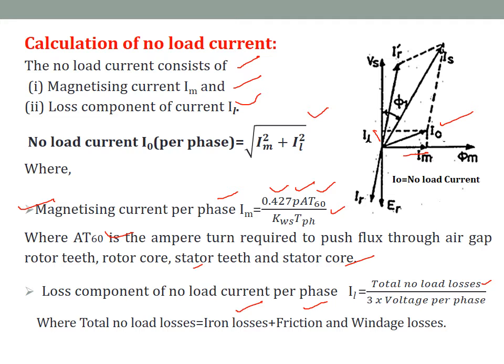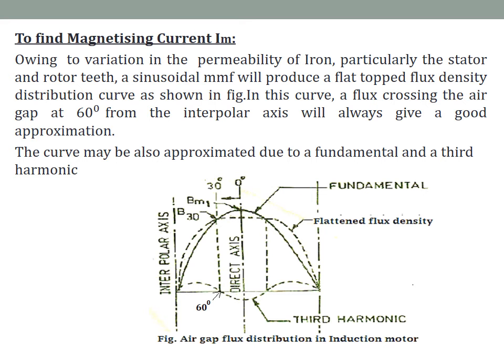Let us see how to find out AT60, the ampere turns at 60 degrees. Owing to variation in the permeability of iron, particularly in the stator and rotor teeth, the sinusoidal MMF will produce a flat topped flux density distribution curve as shown in the figure.